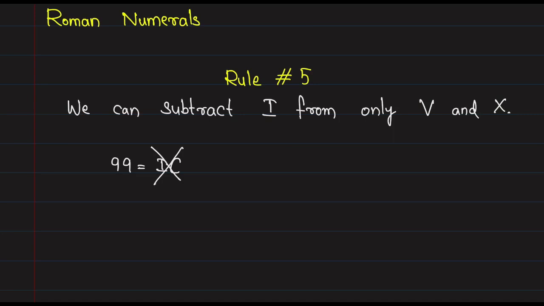Because we cannot subtract I from C. We can subtract I from only V and X. Suppose we want to write 49. We cannot write IL just because 50 minus 1 is 49. This is the wrong way of writing. Why? Because I cannot be subtracted from L. I can be subtracted only from V and X.